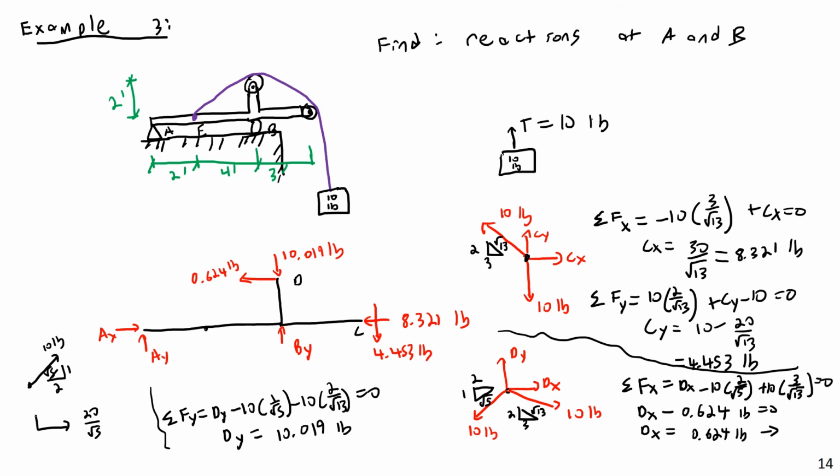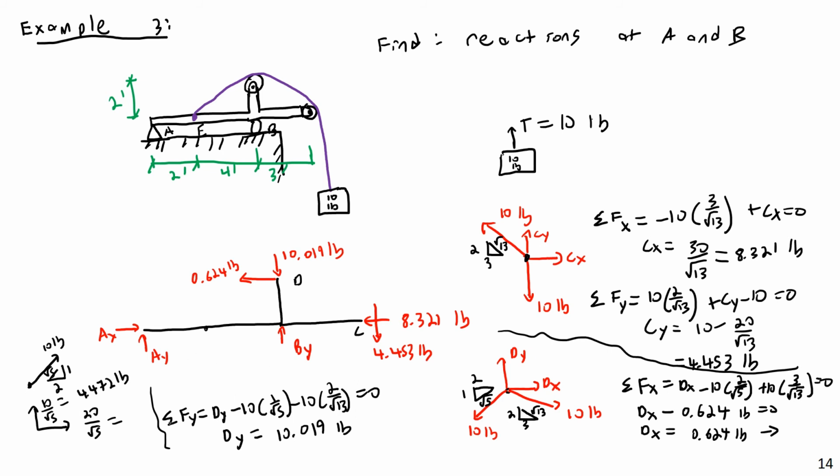And in the y, I have 1 over root 5, 10 over root 5, because we have to multiply by 10. I'm just going to do this as ugly decimal. 10 divided by the square root of 5 is 4.472 pounds, and then 20 divided by the square root of 3.